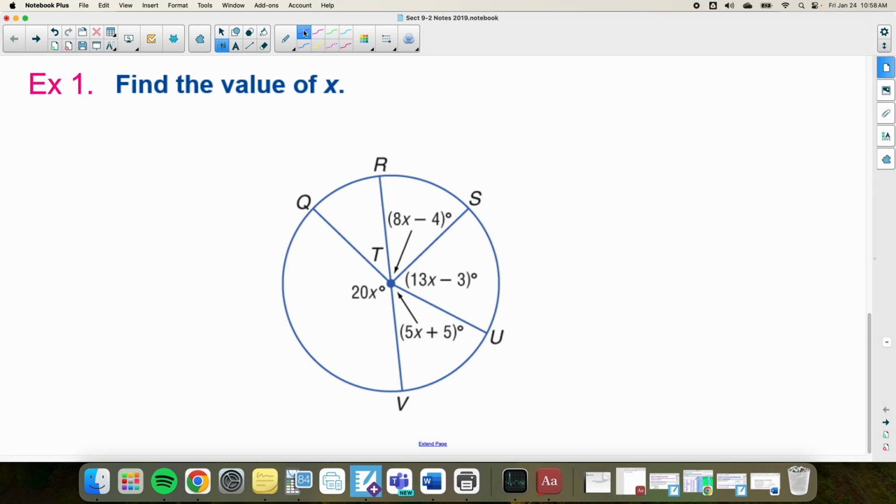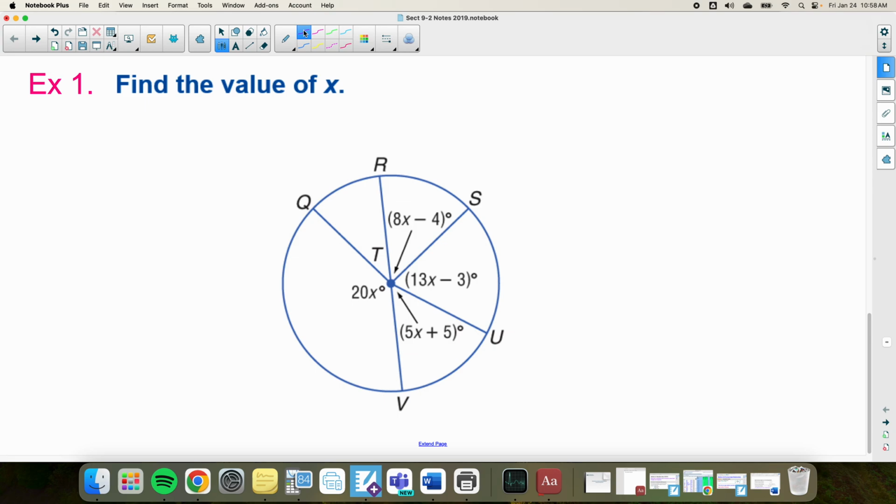Does anyone see a different way that you could do this? Oh, yeah, good question. Like, could we just put an X there? We can't, okay? There's no way that we know anything about that unless these 2 were vertical.